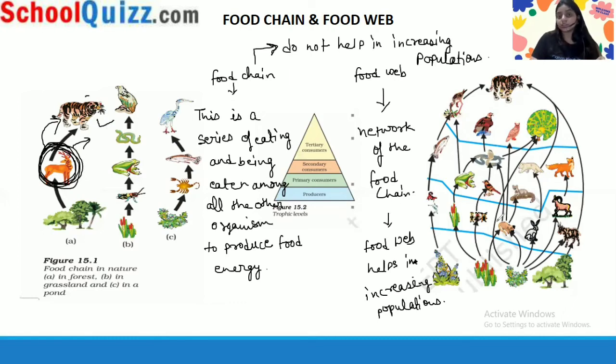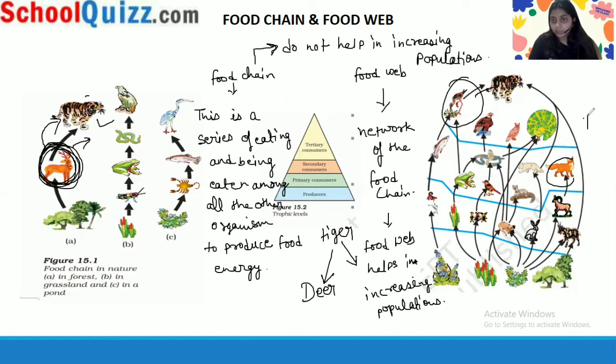But in the food web, if we have a deer, then for the tiger there must be any other organisms, like a small animal. So this will be eaten by the tiger also, and the deer will also be eaten by this tiger.